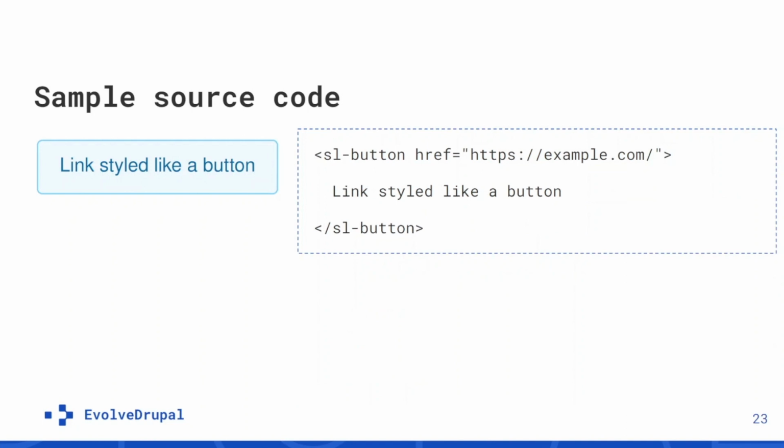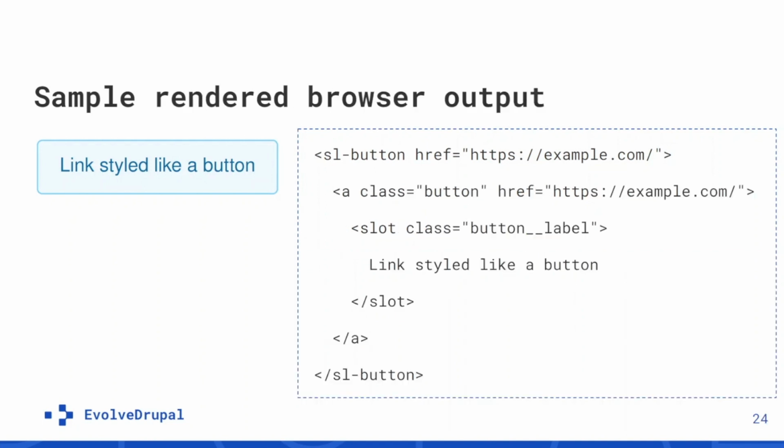So if you look, here, link styled like a button, that's our content. But then when it becomes the web component, it's actually inserted inside this slot with a class that styles it a certain way and then wrapped with the link tag. The nice thing about this is it's very repeatable patterns. You can establish something that's accessible. You can establish something that's on point with your brand, and just over and over again, it's the same exact experience.